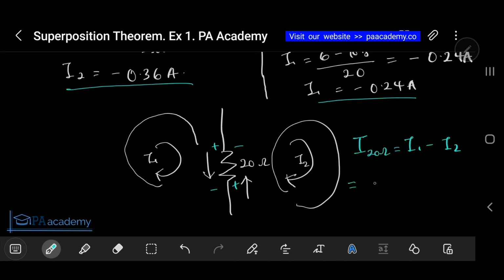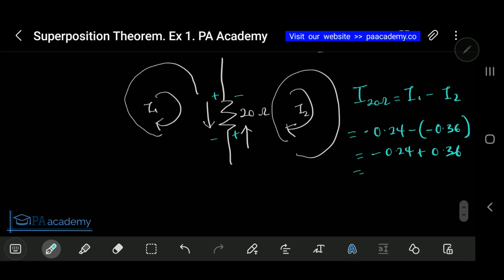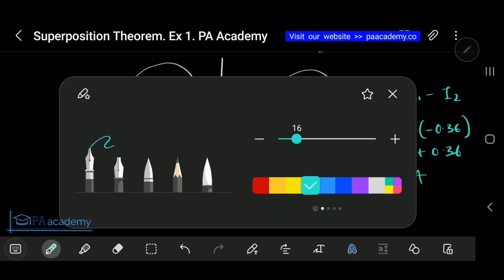So in doing that, our I1 is minus 0.24, then minus minus 0.36 amperes. So if you do this now, this is going to give us minus 0.24 plus 0.36, and with that we are going to have our current through the 20 ohm resistor as 0.12 amperes. Now take note, that's not our final answer.